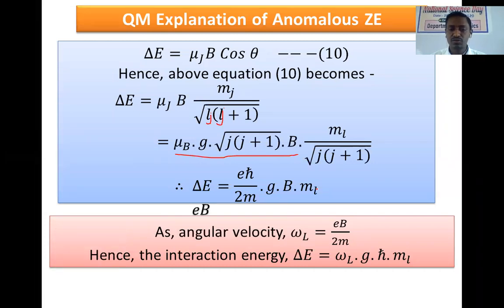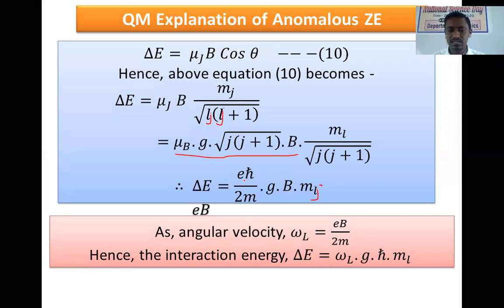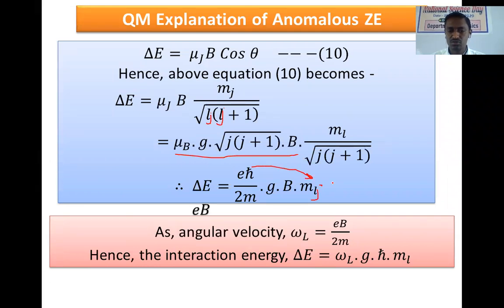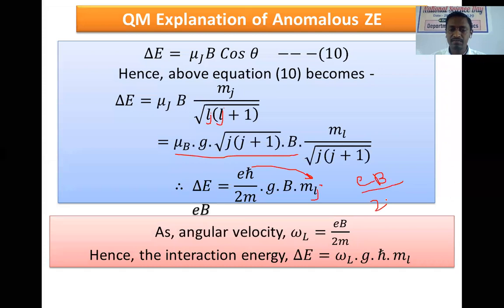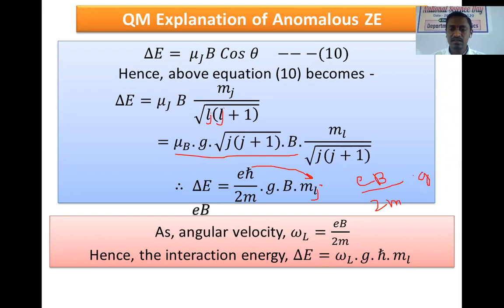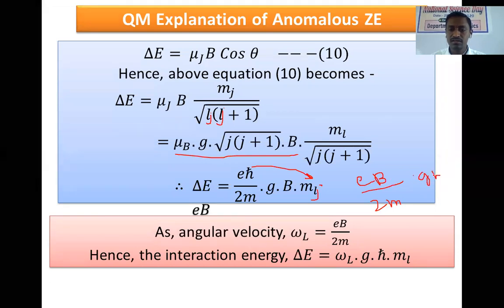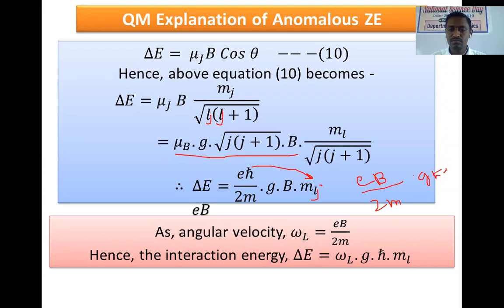Here we know e h cross upon twice m. In place of this h cross, just take B in front and keep the h cross next to B. Therefore, the equation will be delta E equals e into capital B divided by twice m, into g as it is, into h cross into mj.